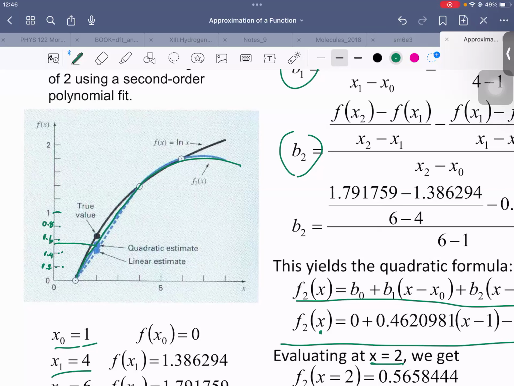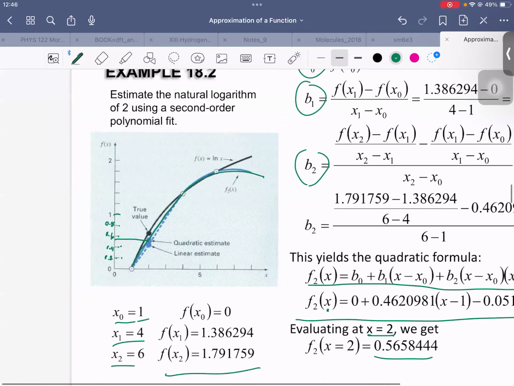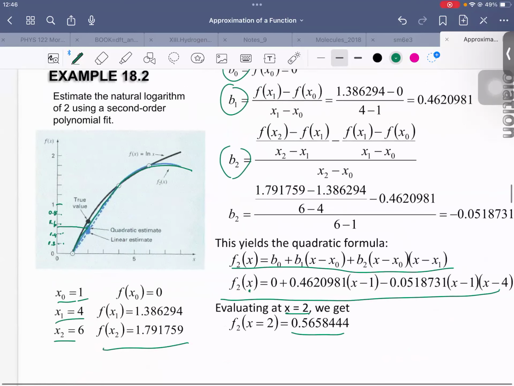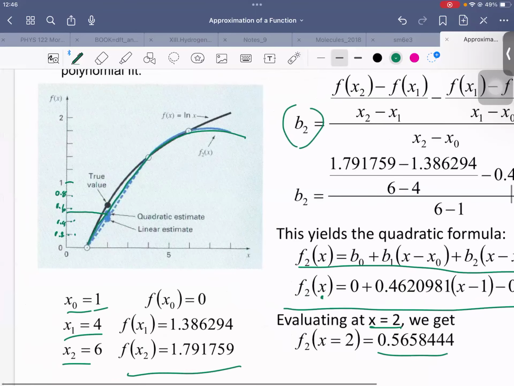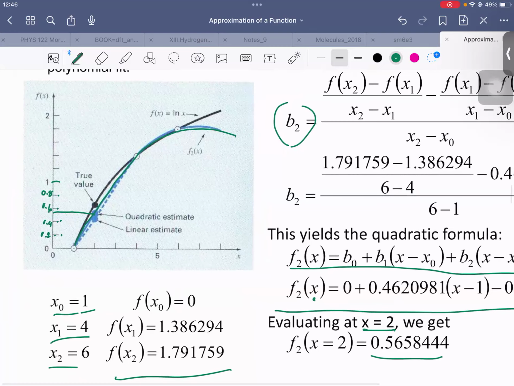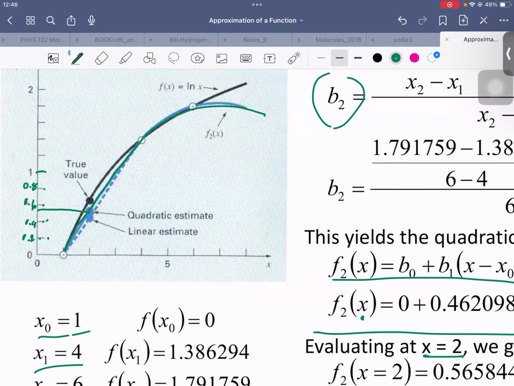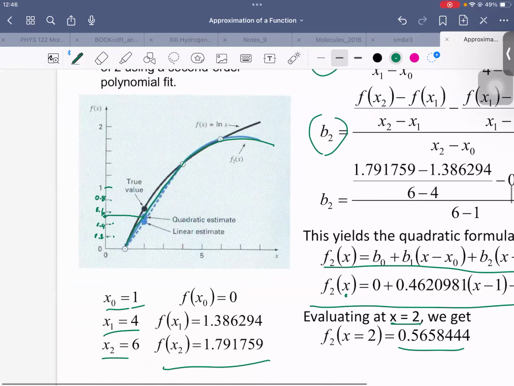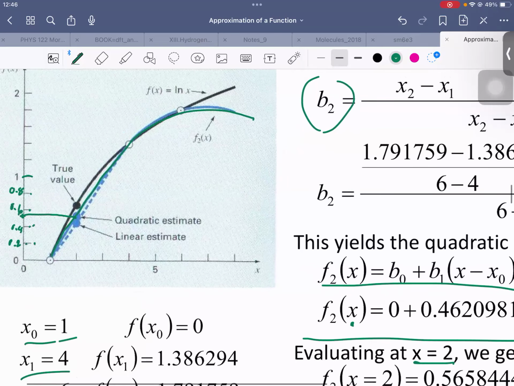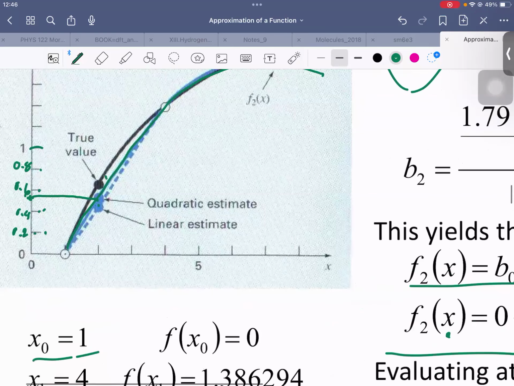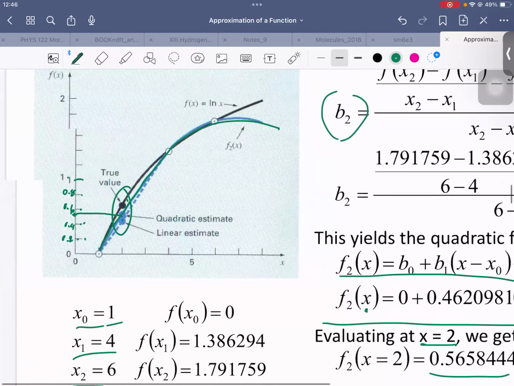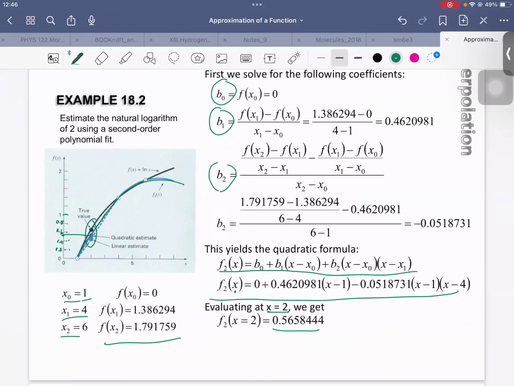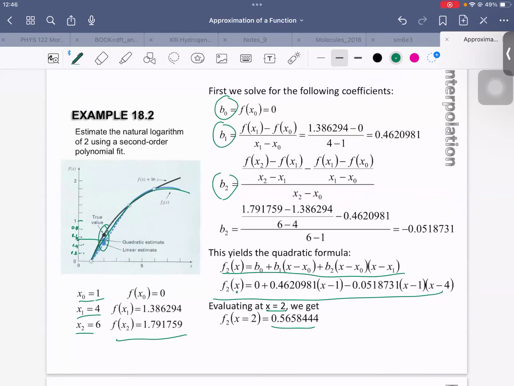But the estimate for quadratic is actually 0.56, so it should be above. Oh yeah, that's right. It should be below, so below 0.6, so here. Then the earlier estimate for linear is a bit below that, so 0.4 something. So you have these estimates. So we have a better estimate using second order. Okay, all right, let's continue.